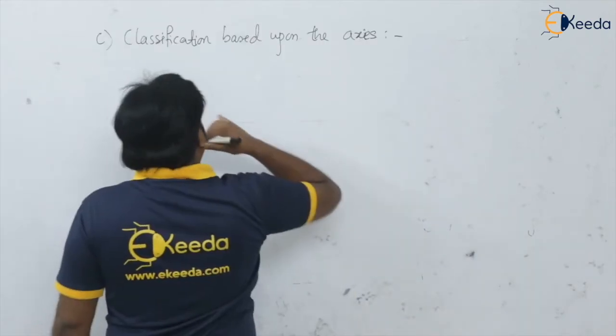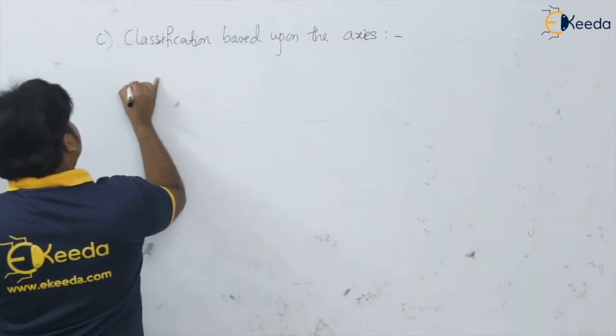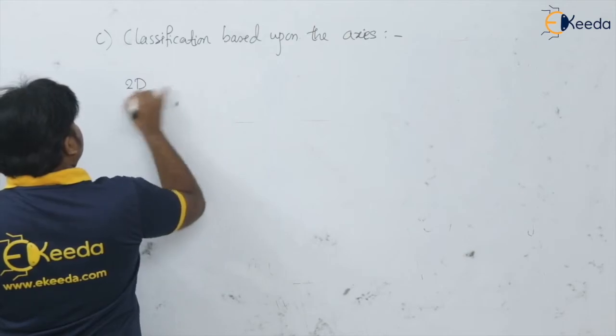Okay, now the third classification that we are going to see is based on the axis, in which we have two-dimensional, 2D.